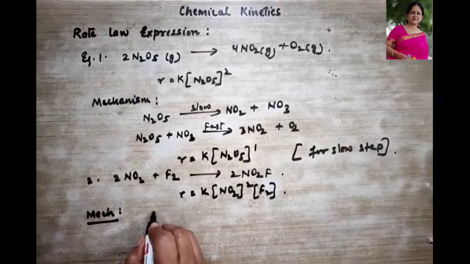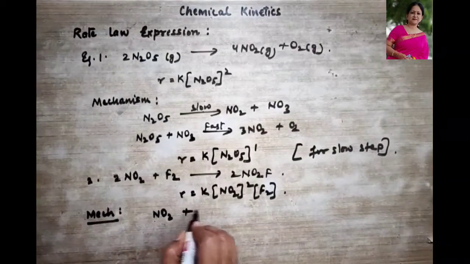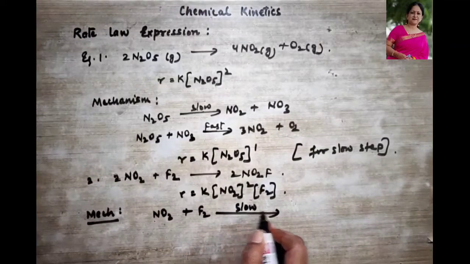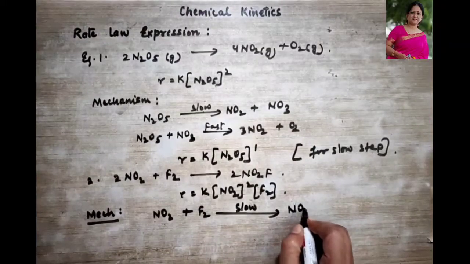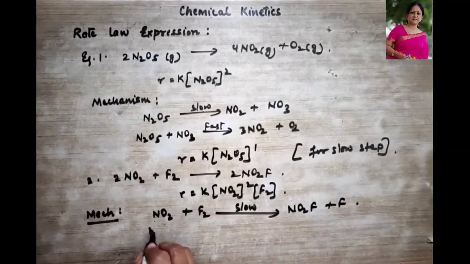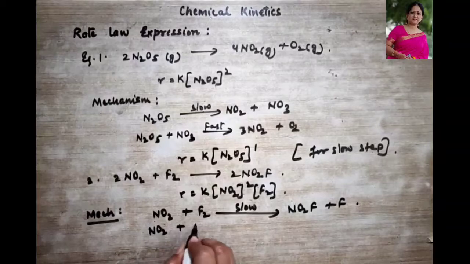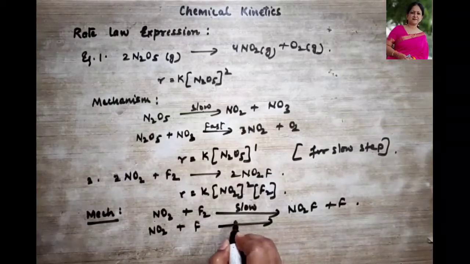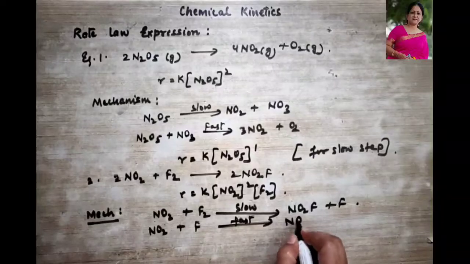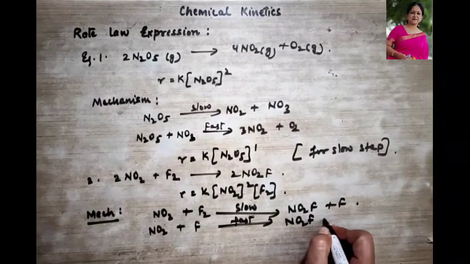So over here you will see NO2 combines with fluorine. It shows a slow reaction to form NO2F plus F, right? Then NO2 plus F shows a fast reaction to give us NO2F, right?